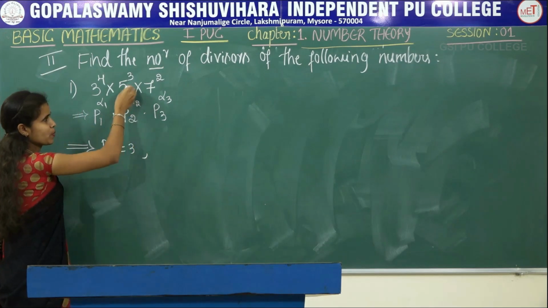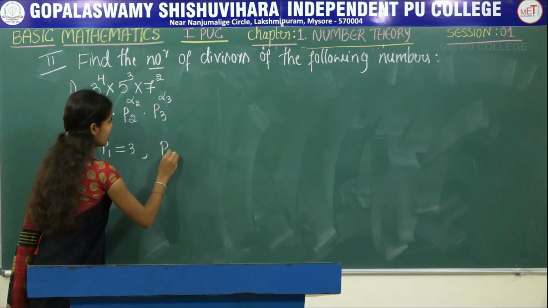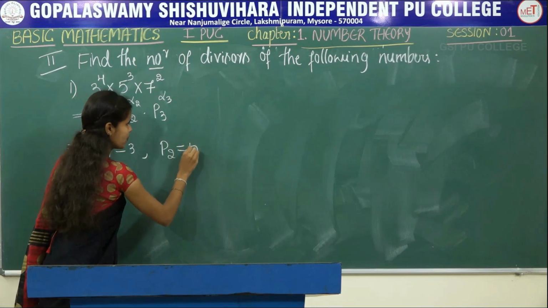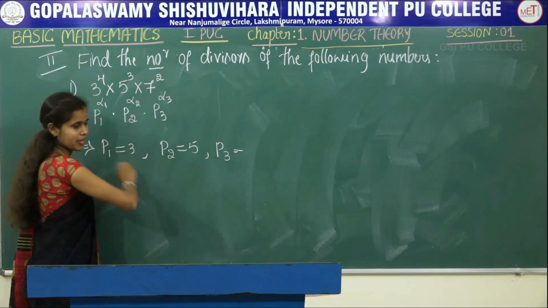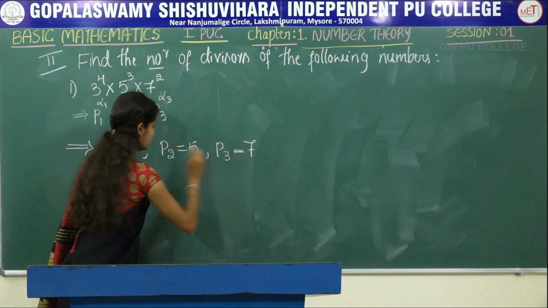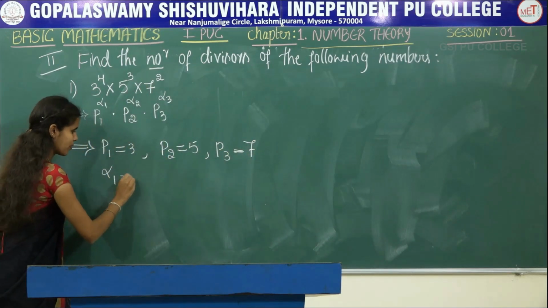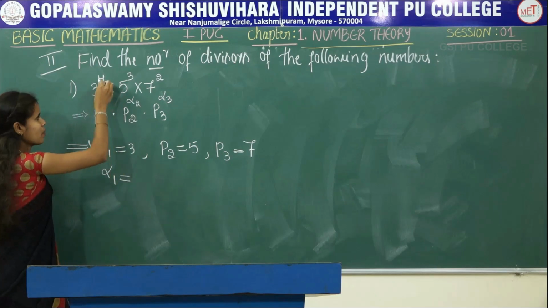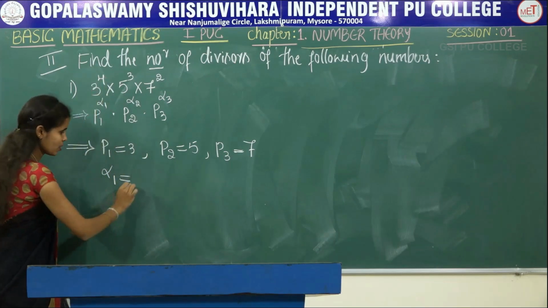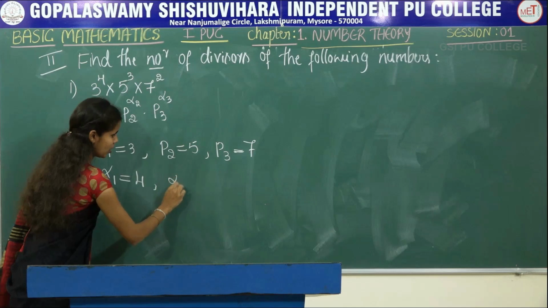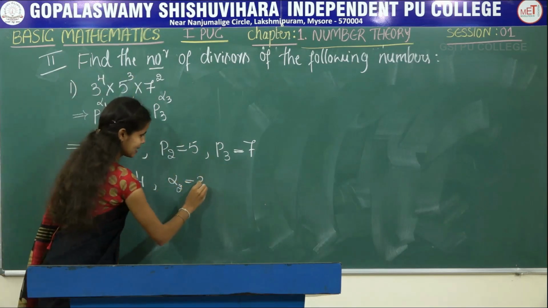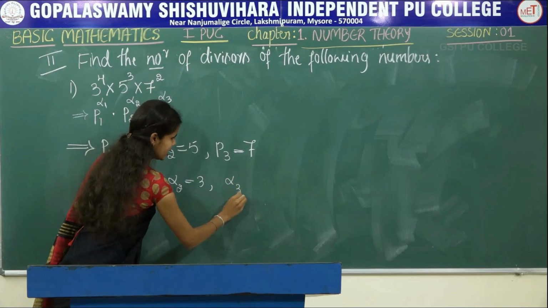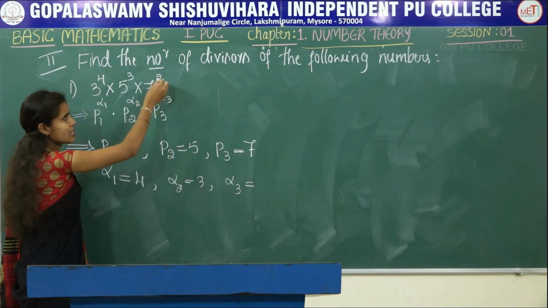In place of P2 we have 5, so P2 means 5. Next P3 means 7. Next similarly alpha 1. Alpha 1 means power of P1, so that is 4. Next alpha 2 means 3. Next alpha 3 means 2.